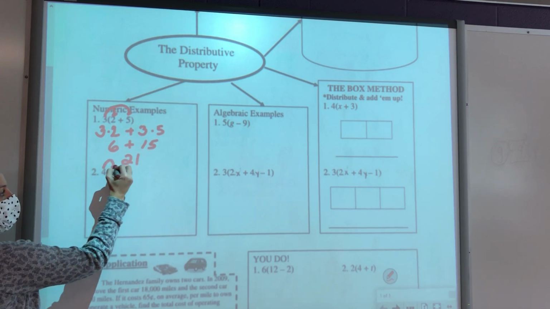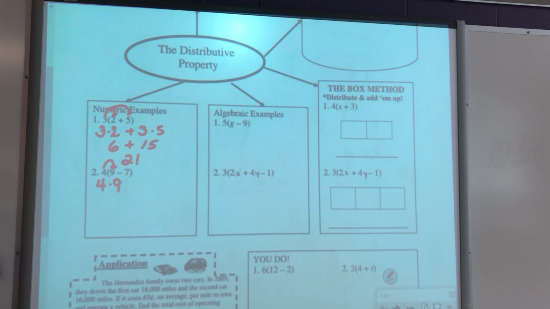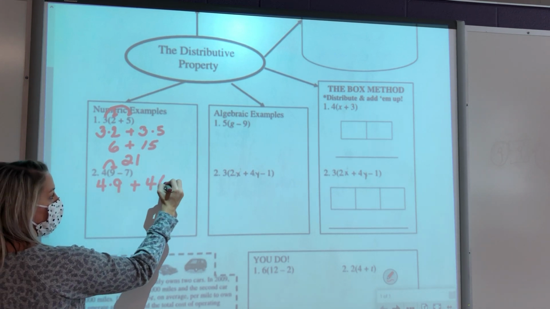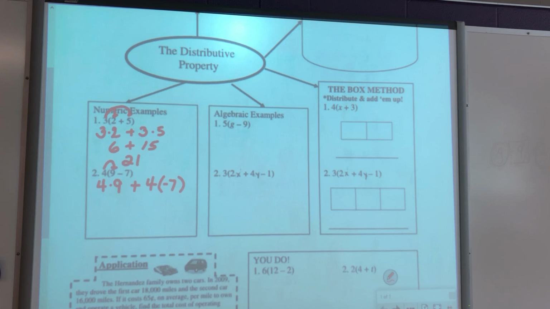So 4 times 9 plus 4 times negative 7. So again, I distributed 4 to 9 and to negative 7.